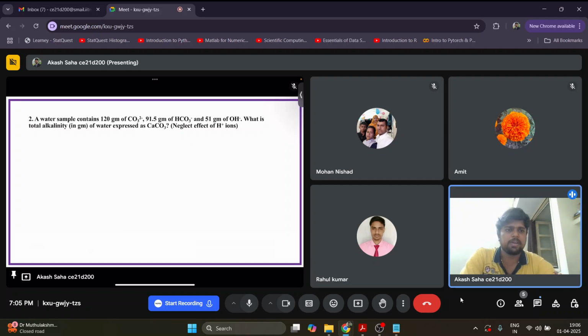And is it molecular weight? Please think about it. Any other answers? To convert the concentration in terms of ions, if we want to get the concentration in terms of CaCO3, what do we have to do? No idea?